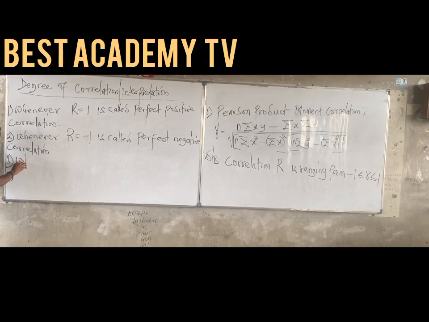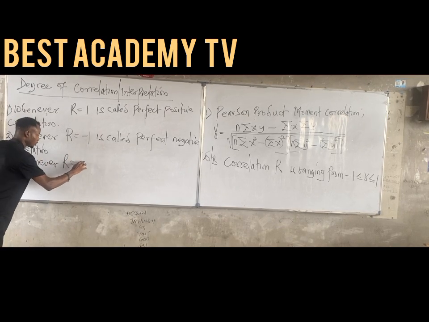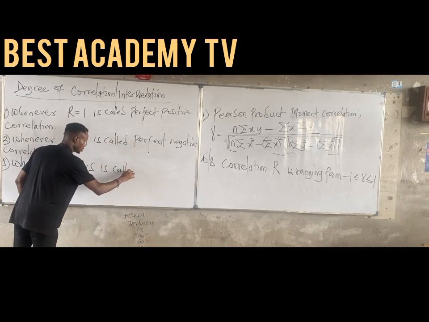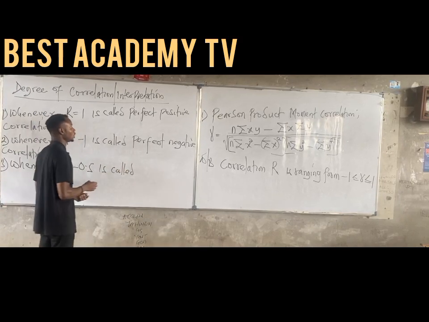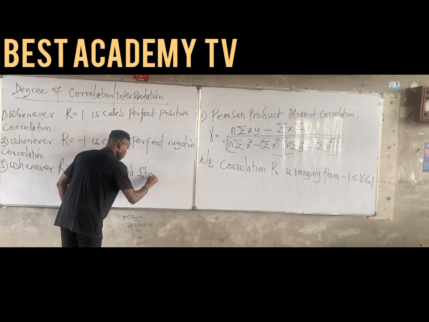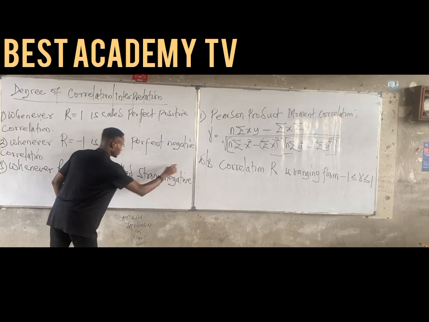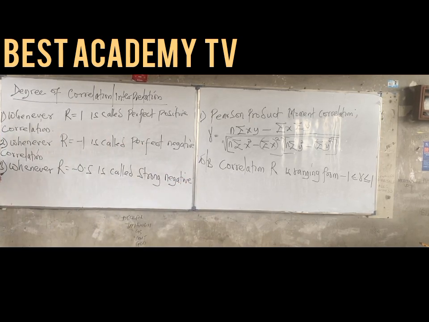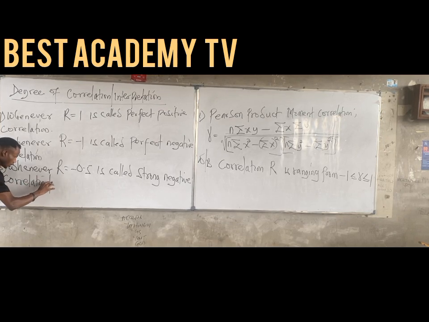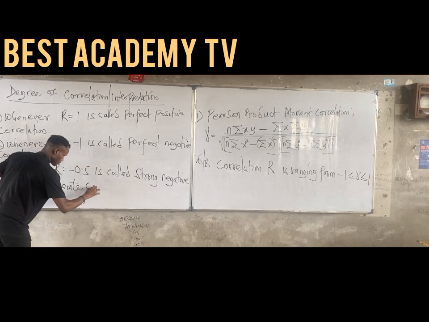That means whenever r is equal to minus 0.5, please take note, it is called strong negative correlation or moderate correlation.